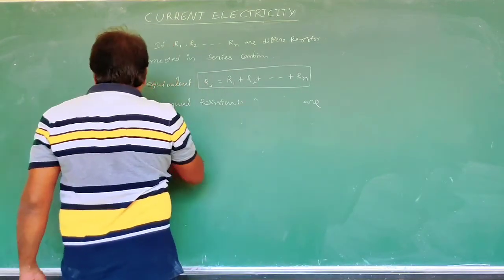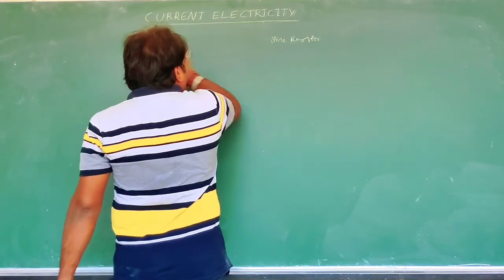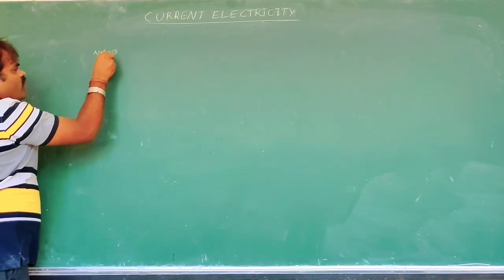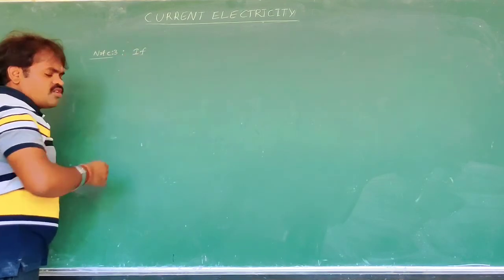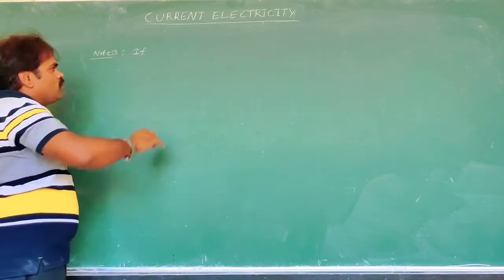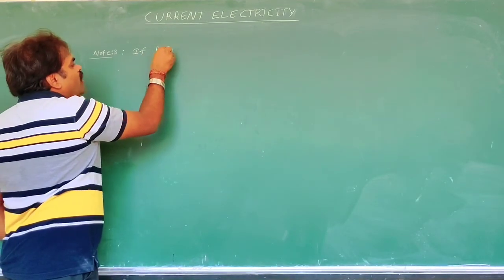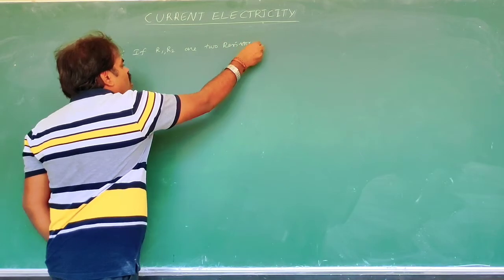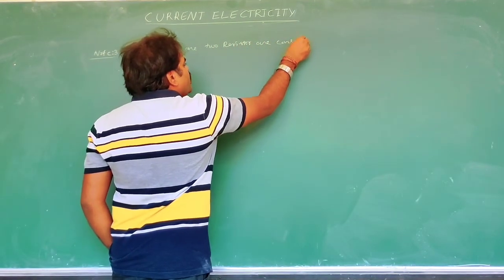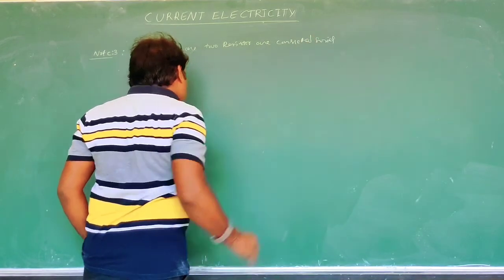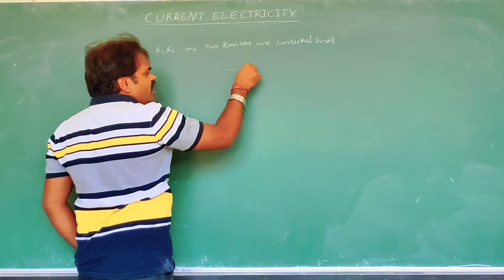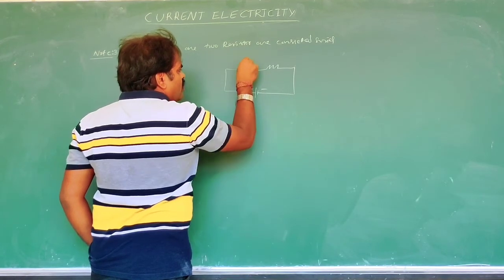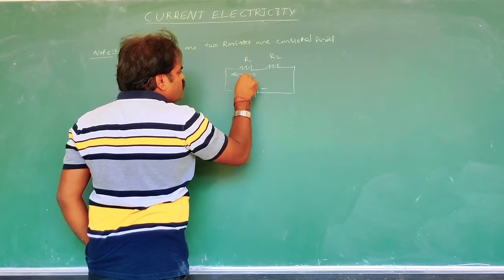Note 3, very important, because most problems ask for this. If two resistors R1 and R2 are connected in series, they are connected like this: R1, R2, with potential drops V1 and V2.